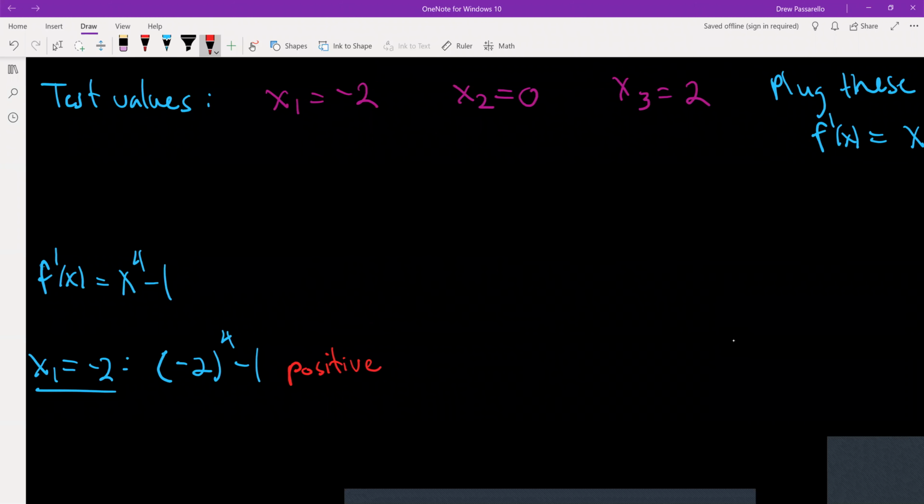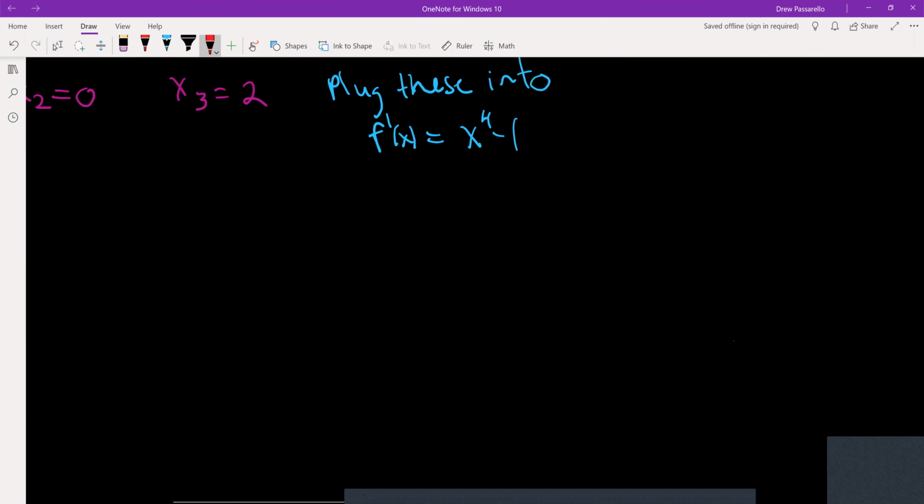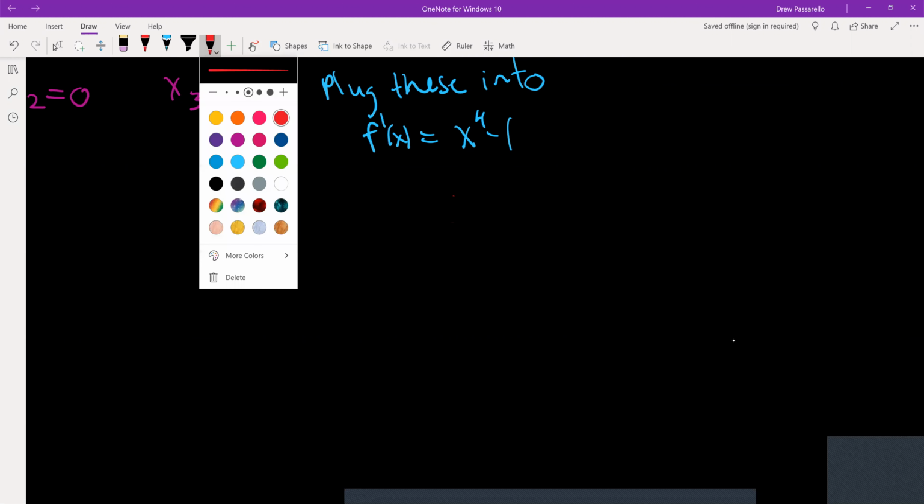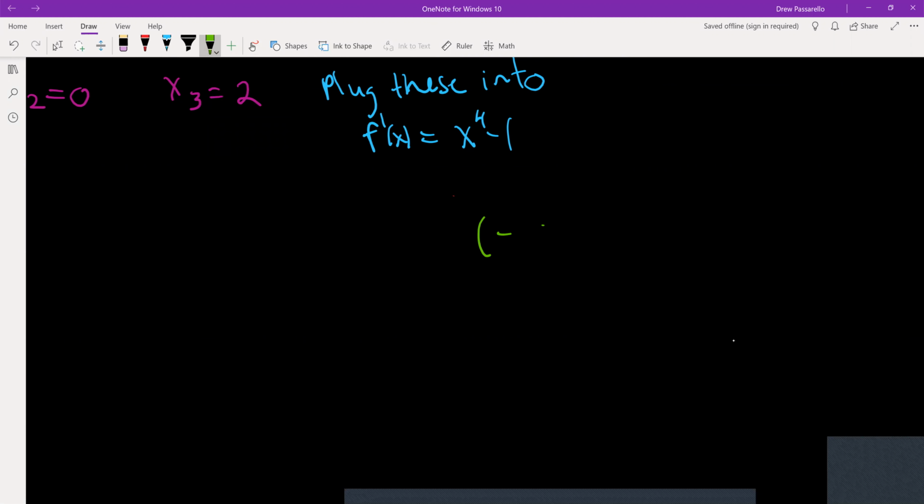So I think 2 to the fourth is, let's see, 2 to the third is 8, and then times 2, 16. So that's 16 minus 1, which is 15. And again, anytime you have a negative number in parentheses raised to an even exponent, that's going to equal a positive number.